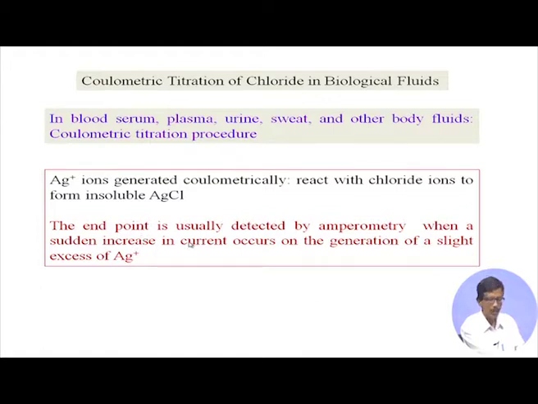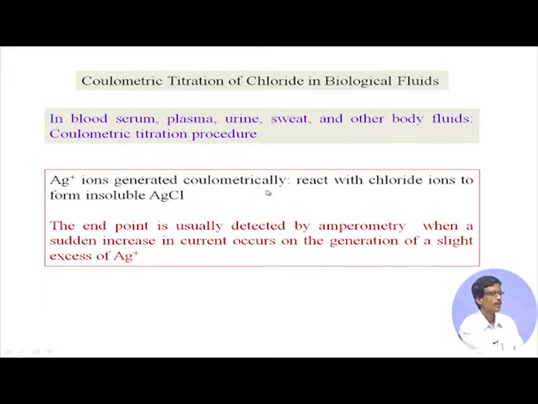So, how do we do that? Again, we can do that with silver ion application. This is the fundamental knowledge you should always have: whenever the problem is with silver ion, you think of chloride, and whenever it is for chloride ion, you think of the corresponding silver ion. So, silver ion is generated coulometrically.